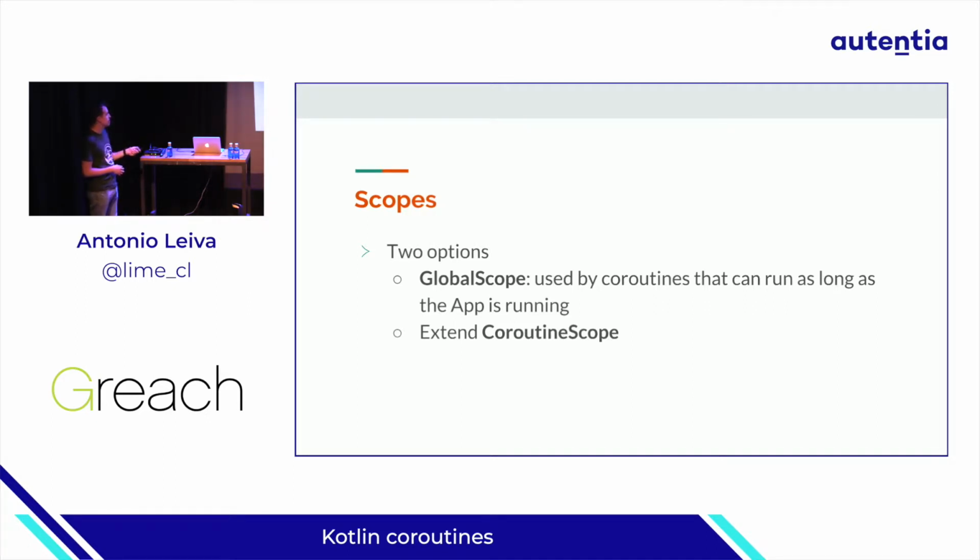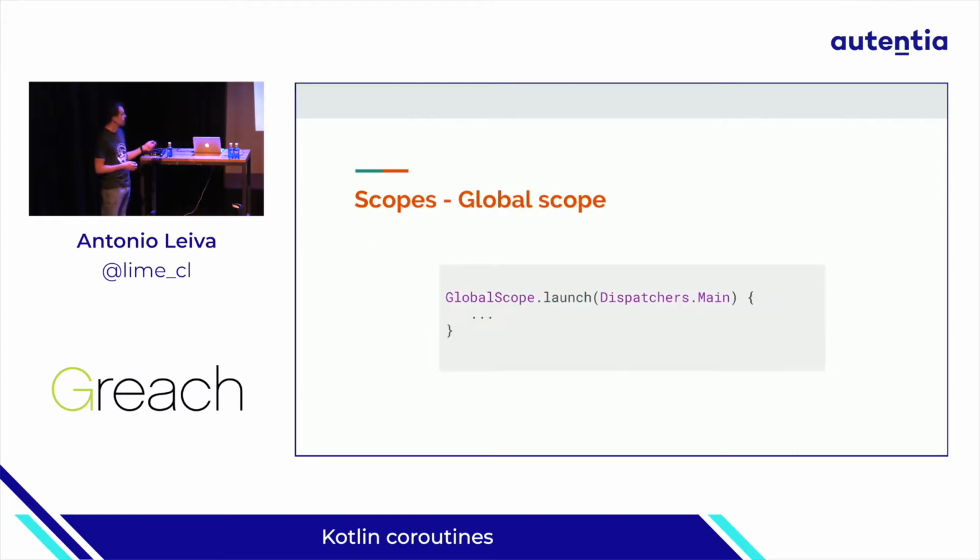The other option is to extend coroutine scope, and that's what we are seeing now, how to do it. Well, the global scope is the one that we have used before, so we have no doubts here already.